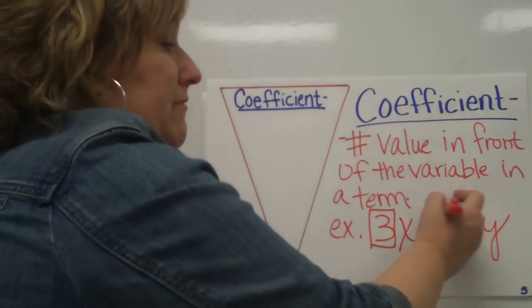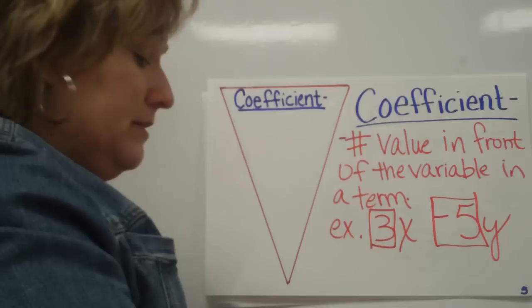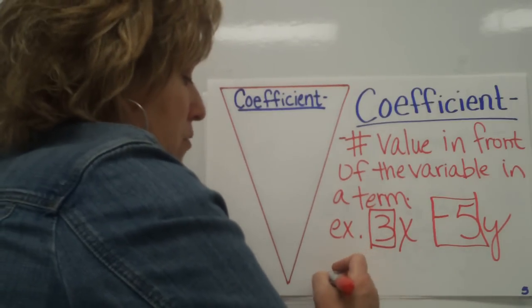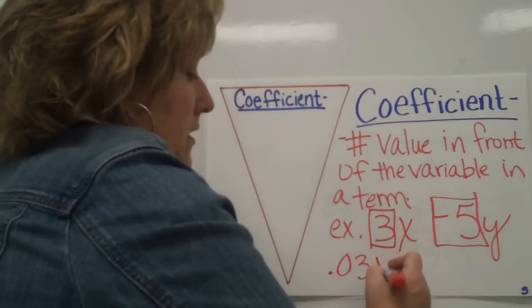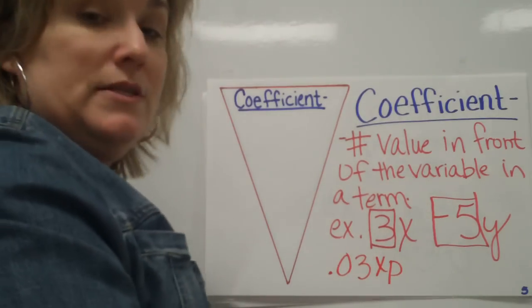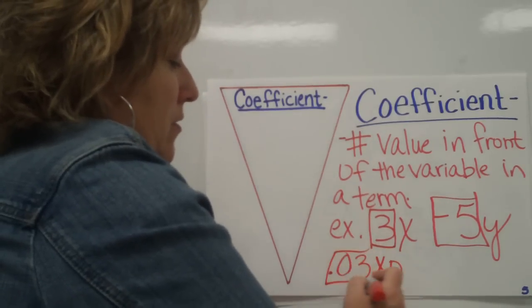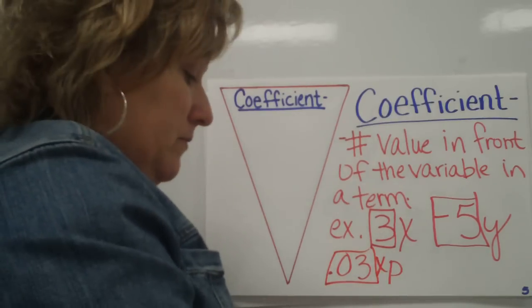Of course, it's the -5 because it is the number in front of the variable. Another one would be 0.03xp. What's the coefficient there? It would be 0.03 because it's the number that's in front of the variable.